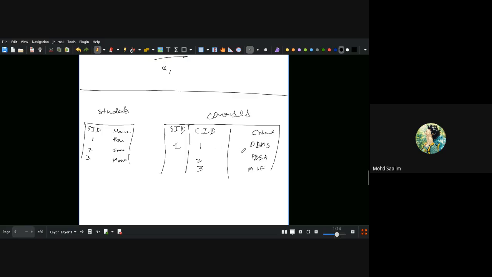That means Ram took DBMS, Sonu took PDSA, Monu took MLF. As simple as that. Can you tell me the number of rows in the output? 3. Yes, 3 again, because of the unique student ID.